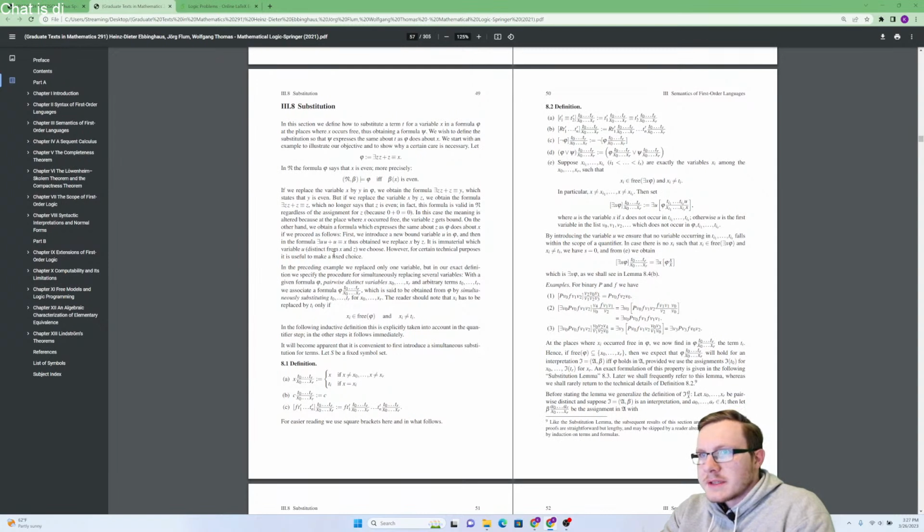So we go through some definitions about substitution, where we say in the preceding example we replaced only one variable, but in reality we care about doing multiple ones.